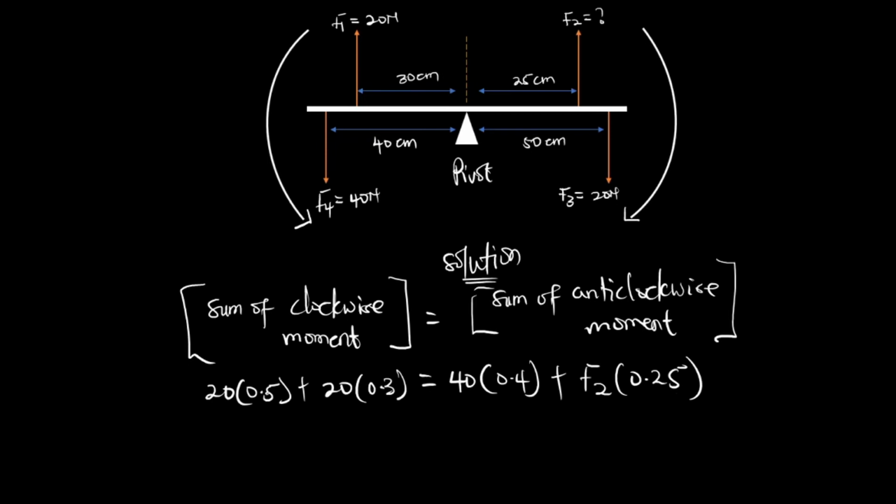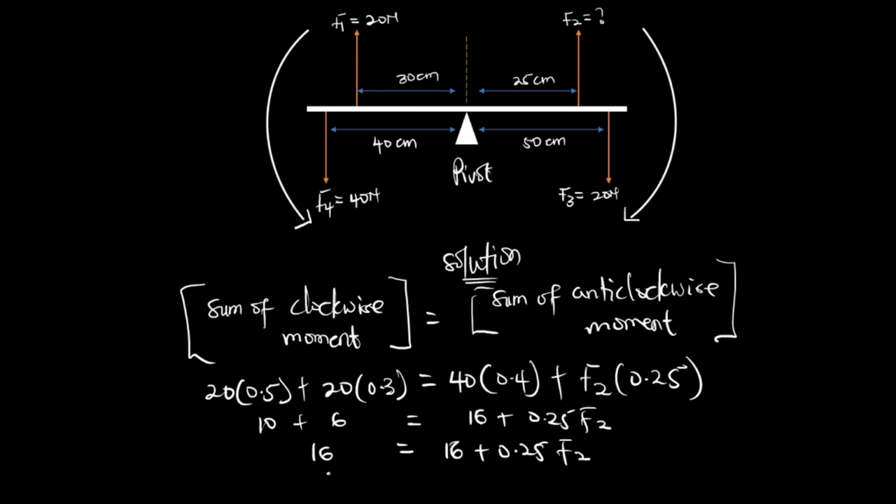All right, so 20 multiplied by 0.5 is 10. 20 multiplied by 0.3 is 6. This 10 plus this 6 will give us 16, equal to 16 plus 0.25 F2.